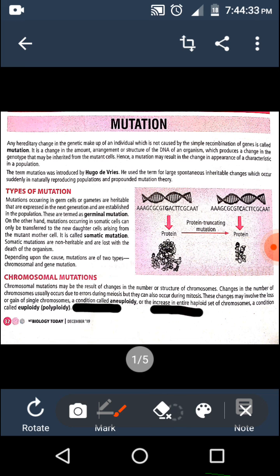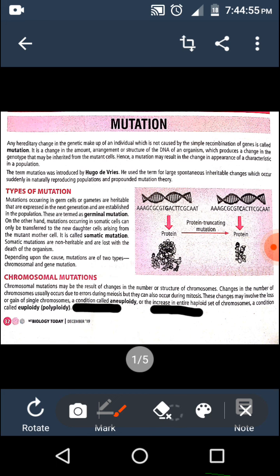So we mainly see that instead of 46 chromosomes we observe 47, or instead of 46 we observe 45 chromosomes, or we also observe addition or deletion in chromosome number.